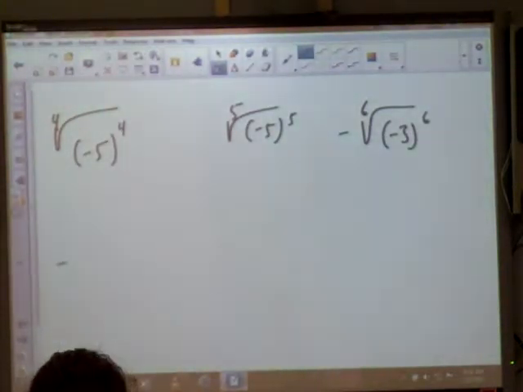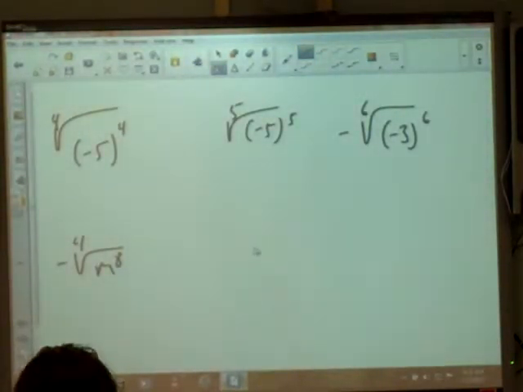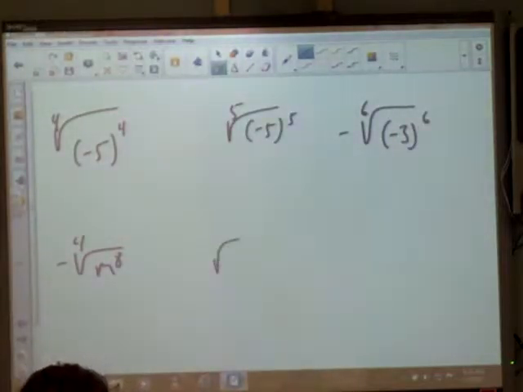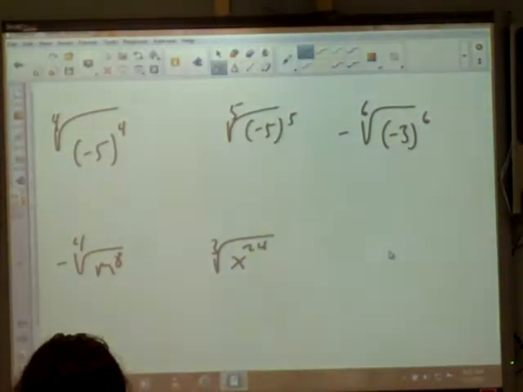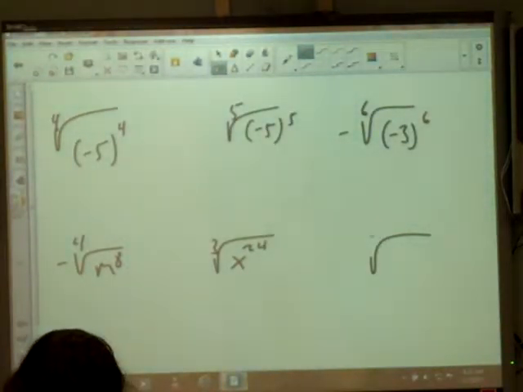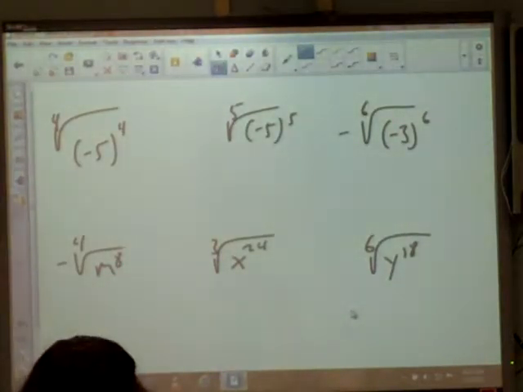We're going to do the negative fourth root of m to the eighth. Oh, those are different. I'm going to do the cube root of x to the 24th. And then the sixth root, last one of these, of y to the 18th. All right, so we got six root problems there to look at.